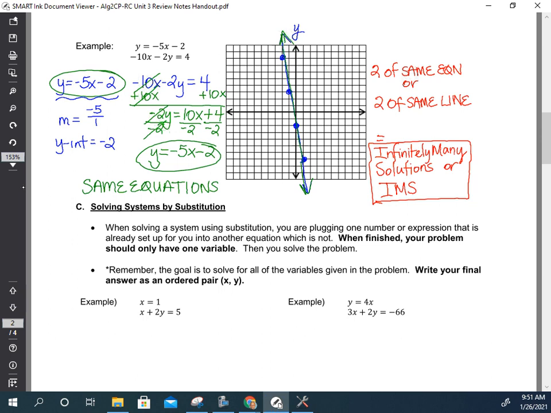All right, not seeing any, not hearing any, so that means we get to keep going. That's the first way to solve a system. That's by graphing.